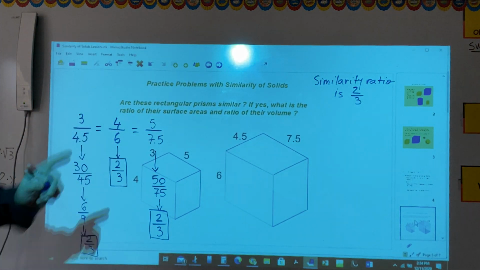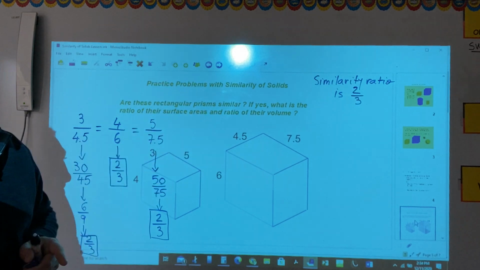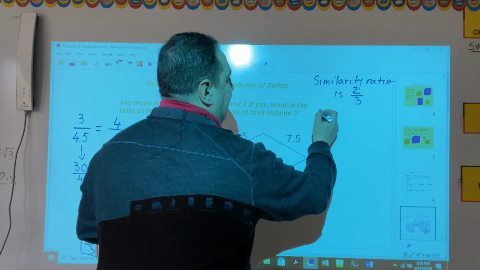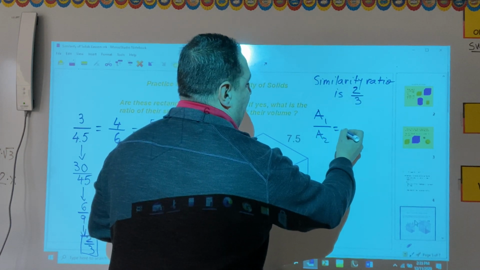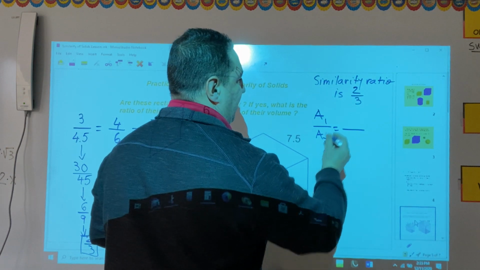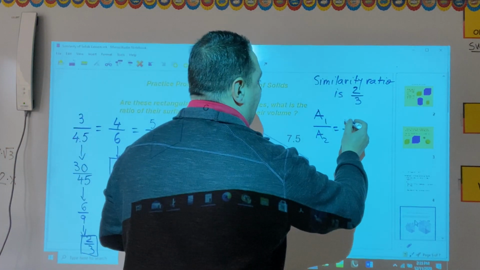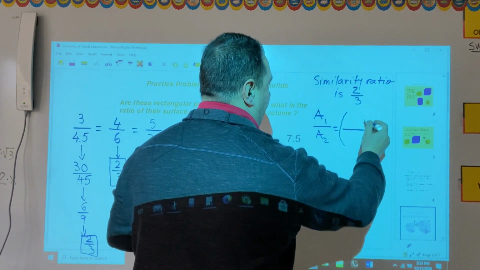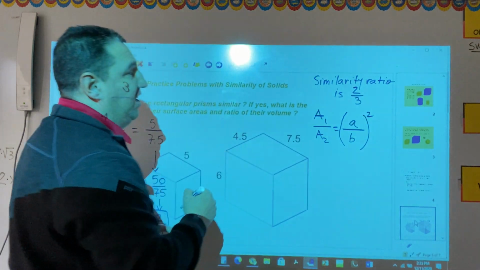Now, question, what is the ratio of their surface area? We know the ratio of their surface area, as we mentioned in the previous slide, is the square of the similarity ratio.